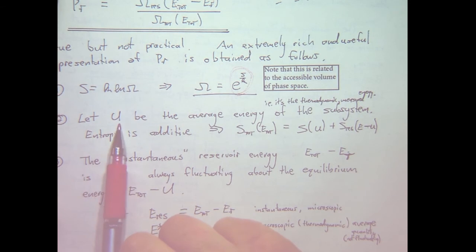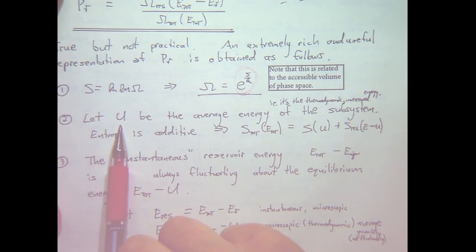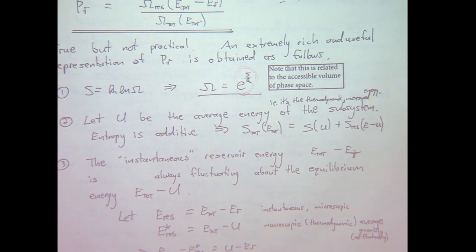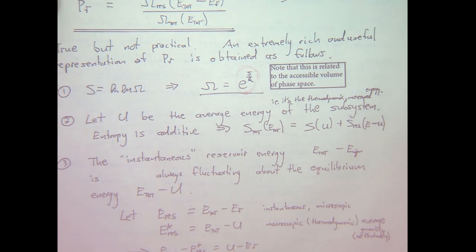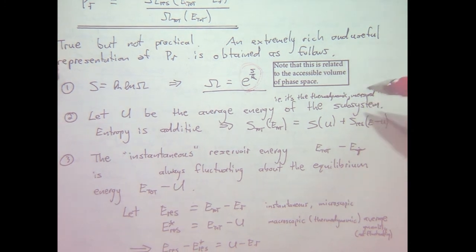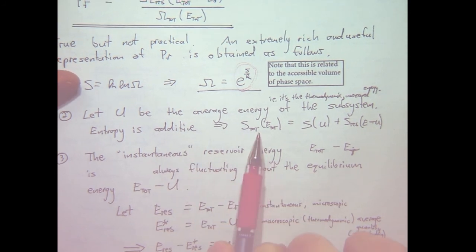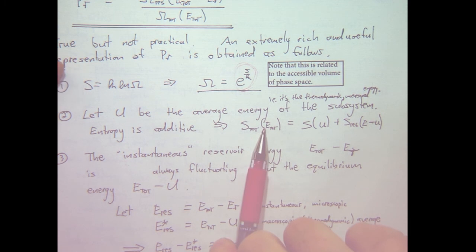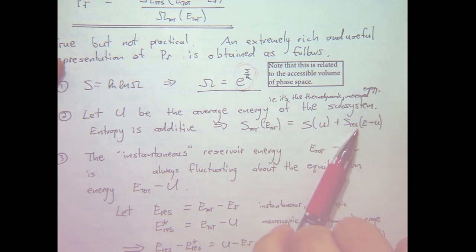Let U be the thermodynamic internal energy. Right, that's an average energy. So that's the constant quantity that you measure if you measure the internal energy. Right. And the entropy is additive. It tells us that the total entropy of the isolated system equals the entropy of the subsystem we're interested in, plus the entropy of the reservoir.